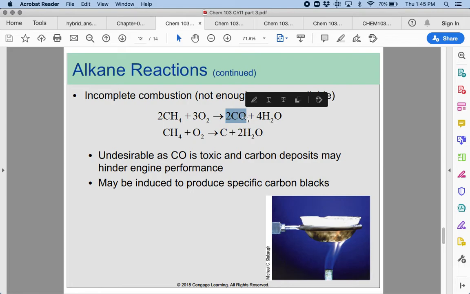So this is a dangerous reaction. We know carbon monoxide is poisonous. When we get to our biochemistry unit, we will discuss why that is. But this incomplete combustion is undesirable. Not only are we getting carbon deposits, or soot, which can be dangerous to your chimney or an engine, but we're also producing carbon monoxide, which is poisonous.